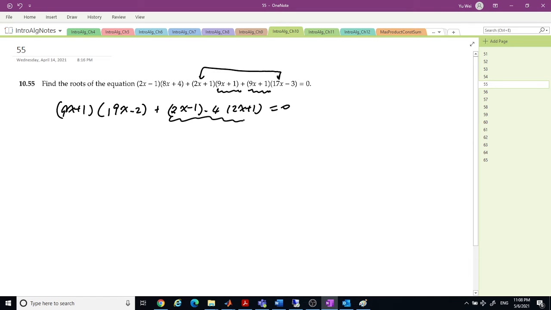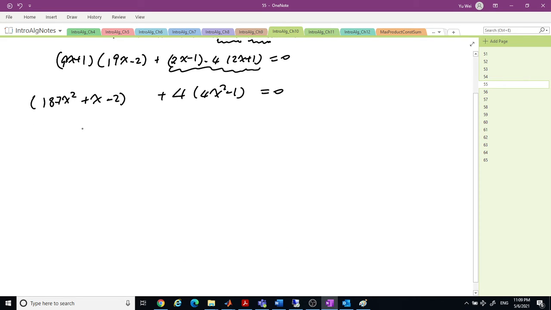So this one is the difference of the square, 4x squared minus 1, plus, and this one we can expand it. It's 187x squared, then minus 18, then plus x minus 2, then plus this one equals 0.